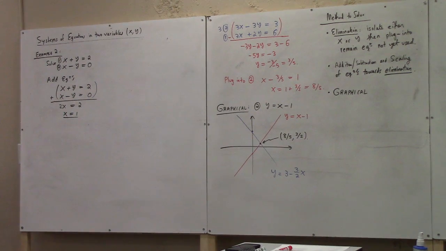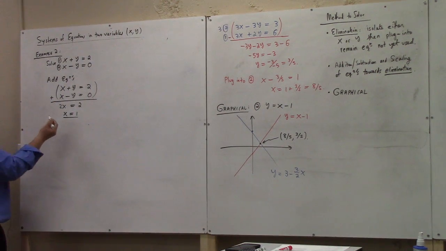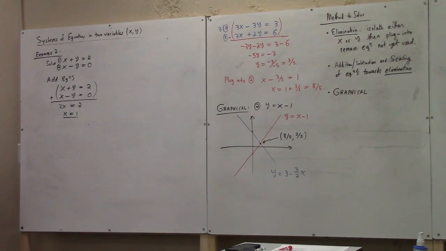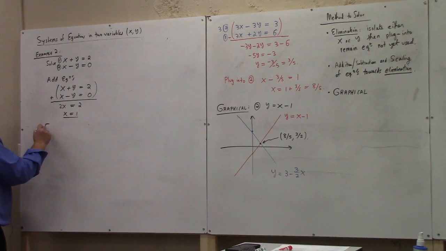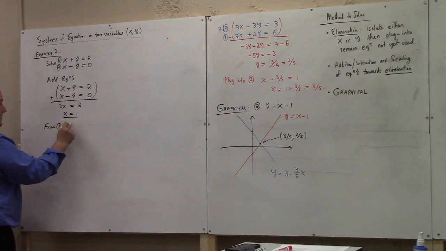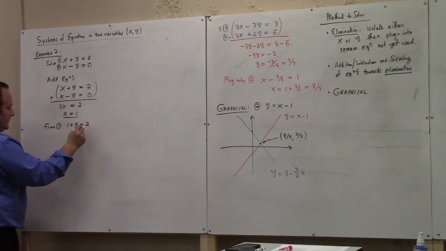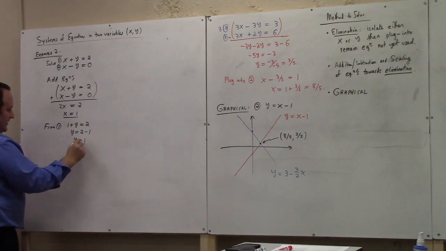And now how do we find y? Yeah, it doesn't matter. You can either use equation 1 or equation 2. Which one do you want to use? Equation 1? Okay. We get 1 plus y equals 2. So that tells me y is equal to 2 minus 1, so y equals 1.